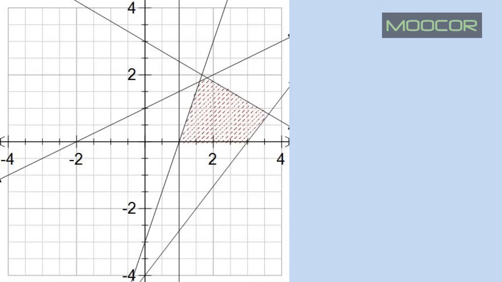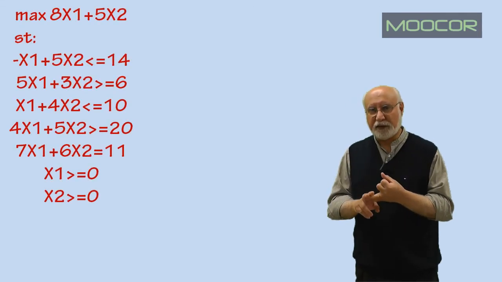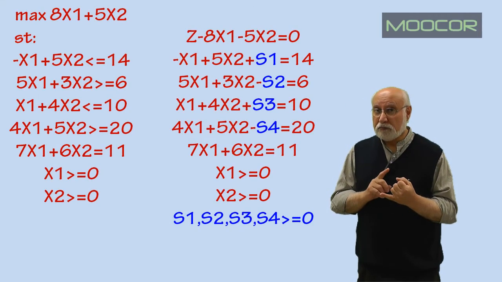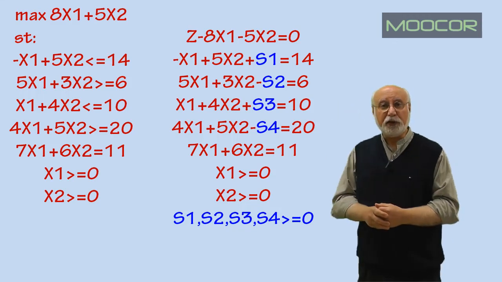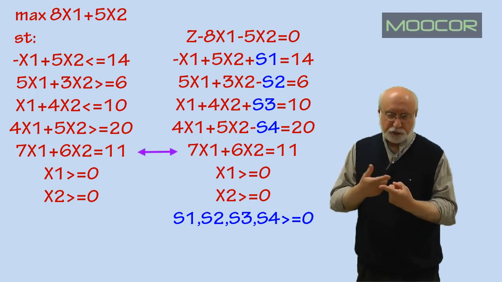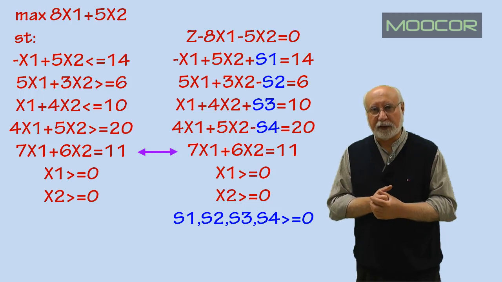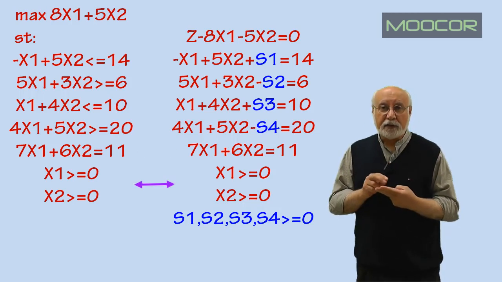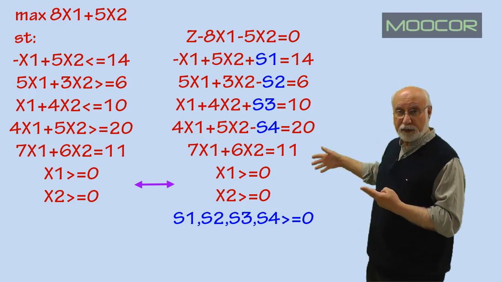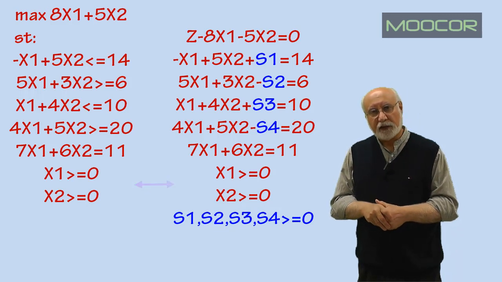So let's look at what we discussed in here. We will use slack variables or surplus variables for converting the problem into equations. If there is a constraint which is in the form of an equation, we are not going to change that. We are not going to add any slack or surplus to that. We will not add slack or surplus to the special set of constraints, which are usually the non-negativity constraints.